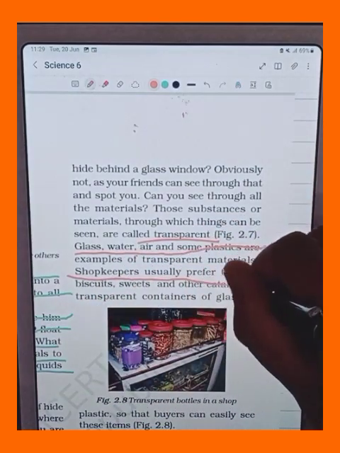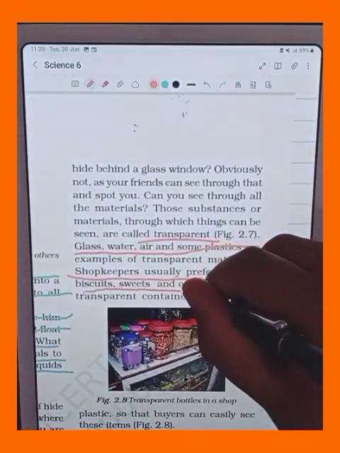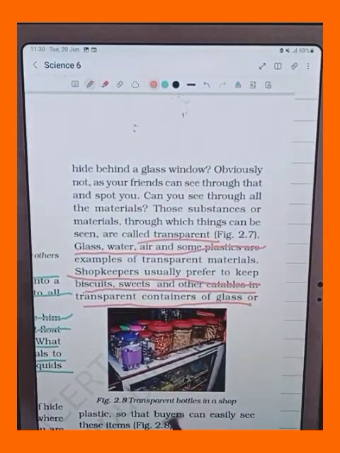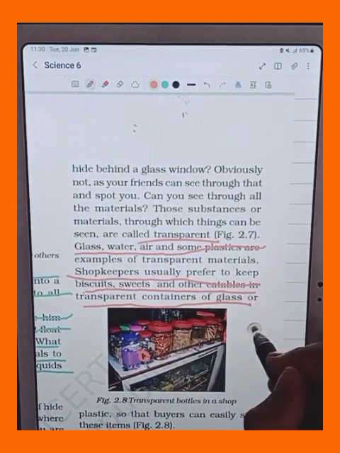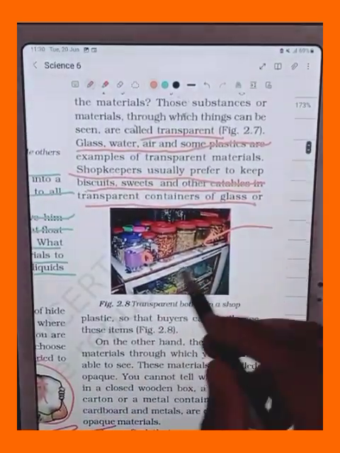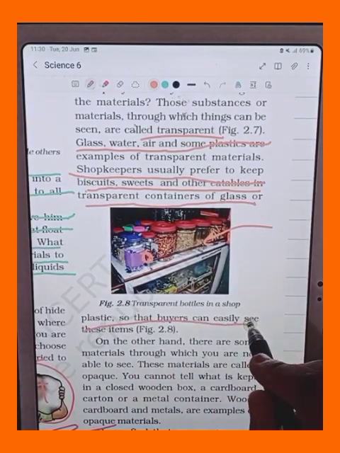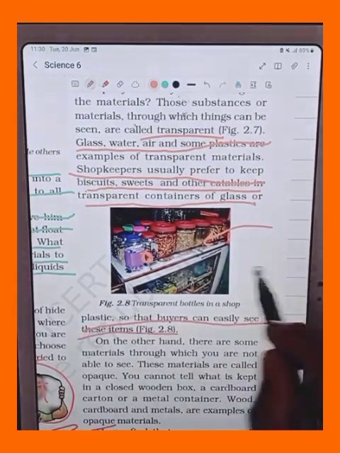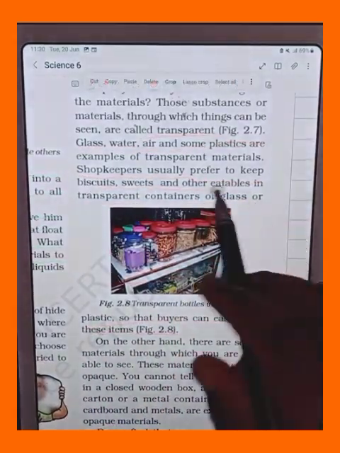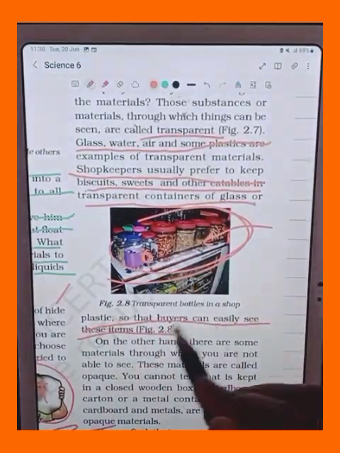Shopkeepers usually prefer to keep biscuits, sweets, and other eatables in transparent containers, glass or plastic, so that buyers can easily see these items. Here you can see they are kept in this glass.